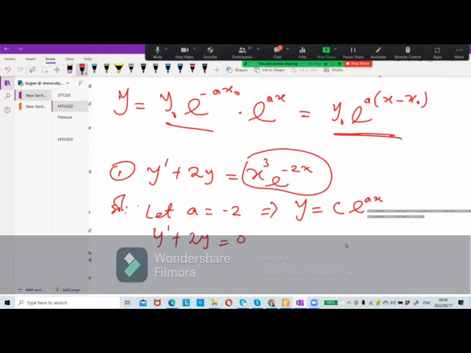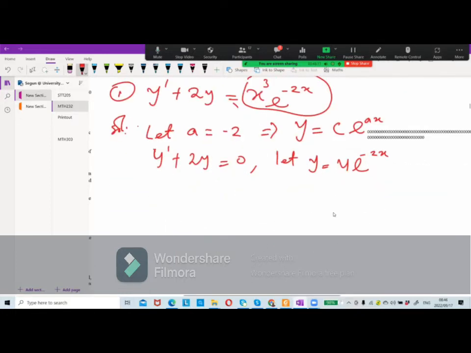If I said it is equal to 0 like this, then I will now say let y equals u exponential minus 2x. So I need to first of all resolve this y, or you can call it any alphabet, depends on you. Now, for me to solve this one using product rule, remember in product rule, you differentiate one, you hold one constant, you differentiate another one, you hold another one constant.